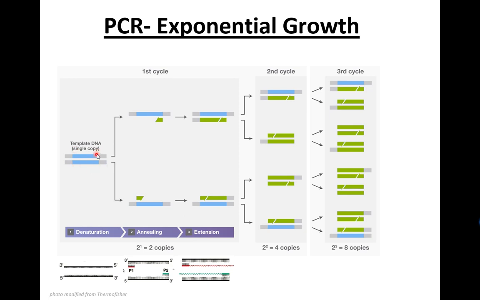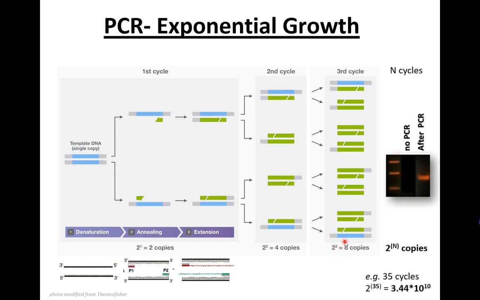For each target sequence, you would have 2 to the power of n copies produced, where n stands for the number of cycles that you go. So if you go for 35 cycles, starting from this single copy, you would end up having about 34.4 trillion copies of the target sequence.